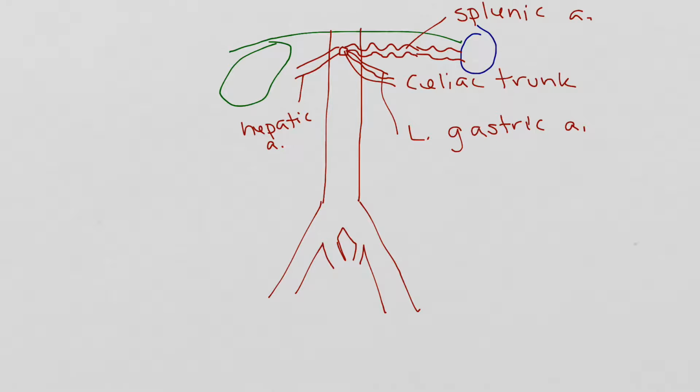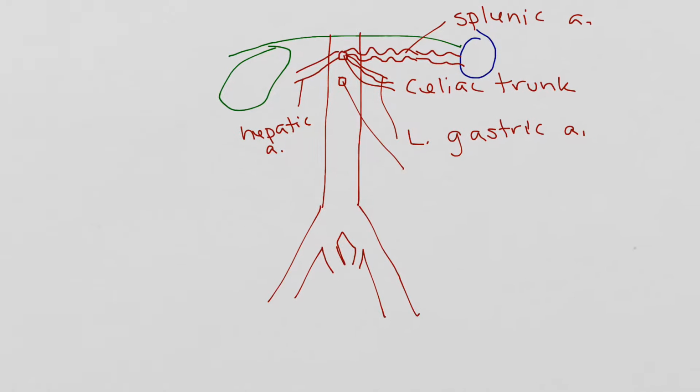The next unpaired artery that we care about sits about 1 finger width inferior to the celiac trunk, so right about here. This artery is called the superior mesenteric artery. I hope the word mesenteric sounds kind of familiar to you, because remember the mesentery that you saw both in the cats and the cadavers, that connective tissue that was uniting all of the intestine together.